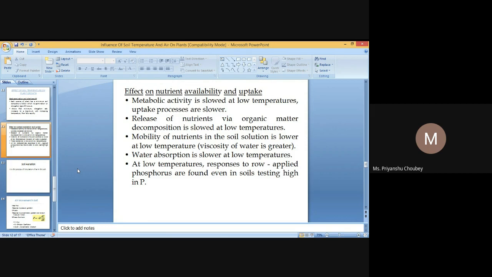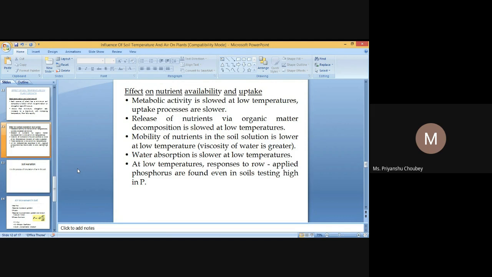For qualifying as an essential nutrient element, it must satisfy the essentiality criteria pronounced by D.I. Arnold and P.R. Stout in 1938 or 39.